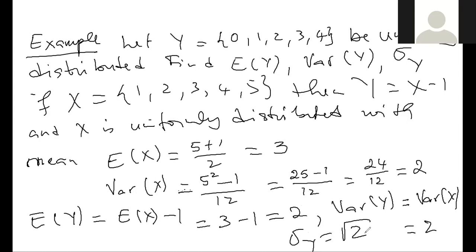So what I'm saying is that if you have a uniform distribution, you can transform it, or relate it to the classical uniform distribution, and you don't need to do all the computations again. This is called a discrete uniform distribution. Okay?